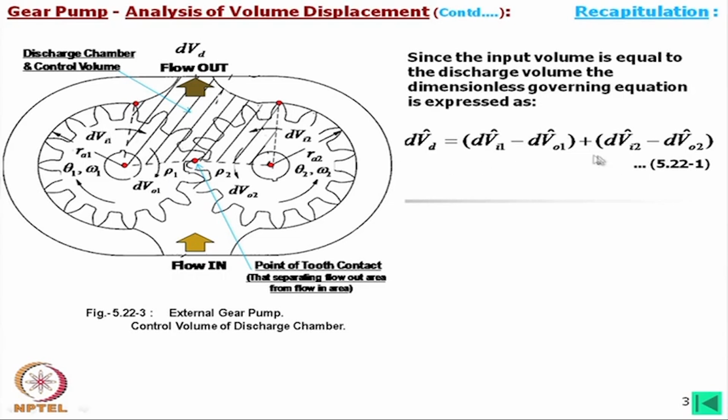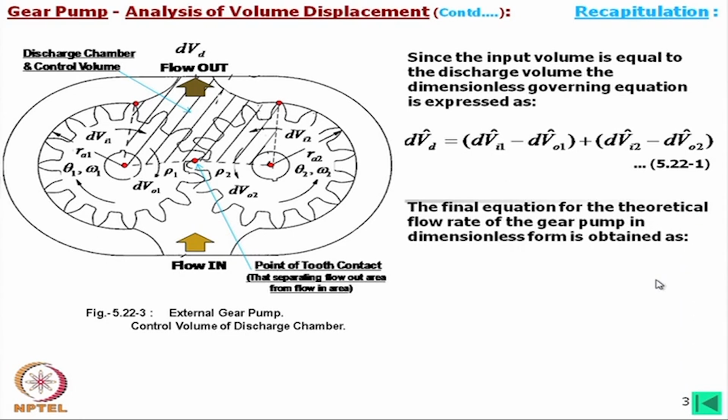That can be written in equation form by considering a small amount going in here, going in here, and going out from this zone here. Now, this is for d theta 1 rotation of the drive gear. So, we can write this equation in this form, and then the final equation for the theoretical flow rate of the gear pump is obtained in dimensionless form.